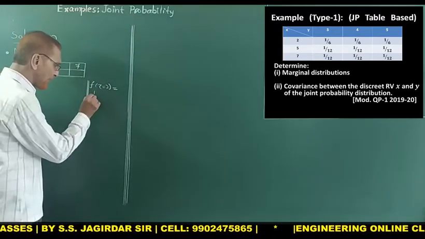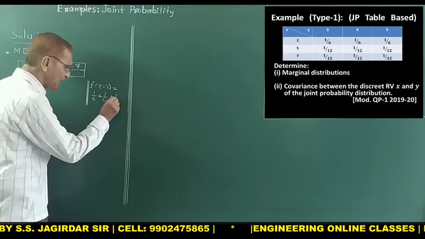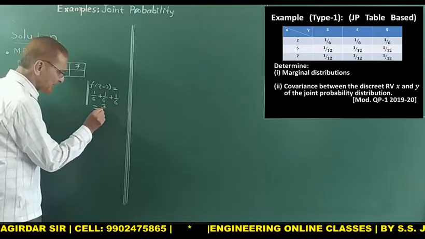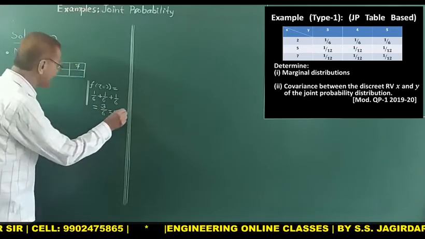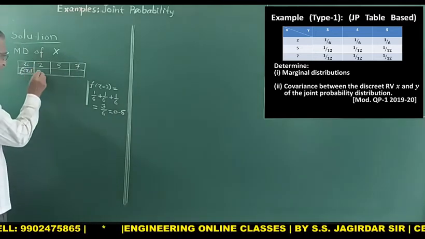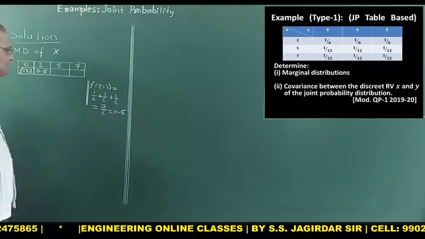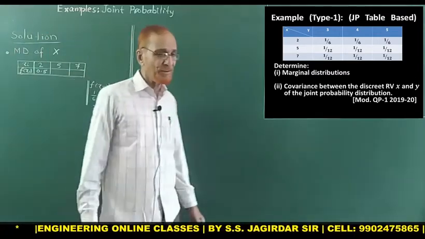So you have to add 1 upon 6 plus 1 upon 6 plus 1 upon 6. You know that this is equal to 3 upon 6, which is equal to 0.5. So this is the first finding, 0.5. When x is equal to 2, this is the probability function of 2.